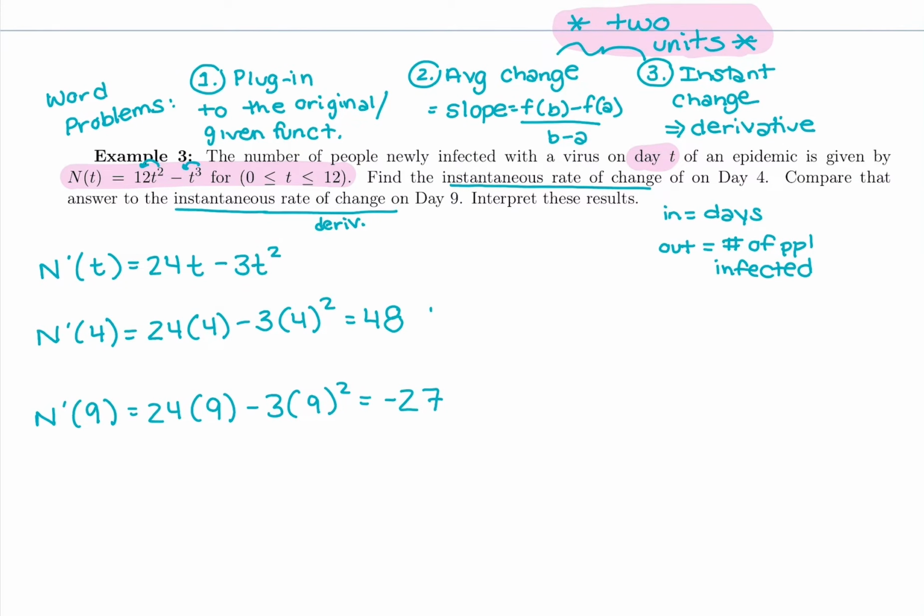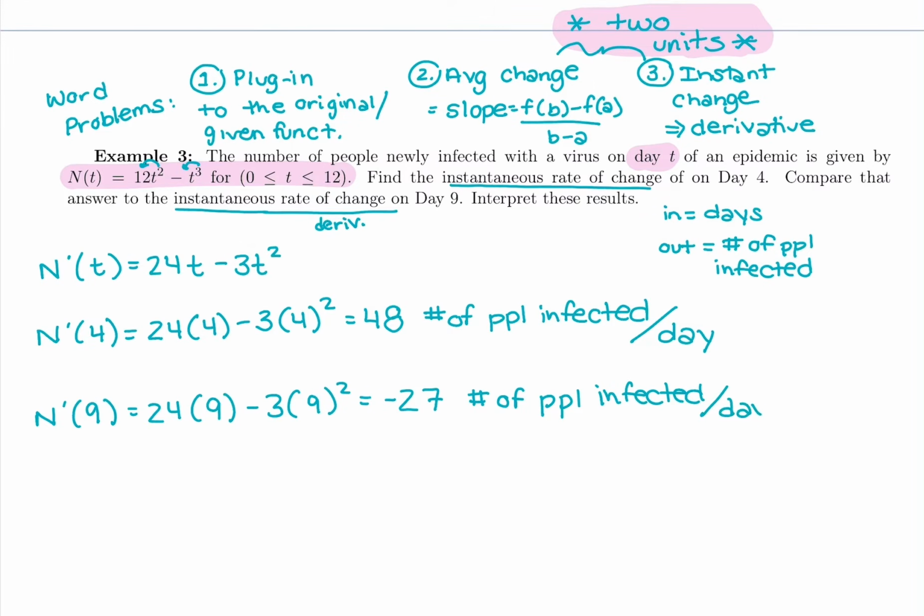So we're going to say number of people infected. But it's not just the number of people infected, it's the number of people infected per day. Same thing with this one. Number of people infected per day. So this is a rate of change.